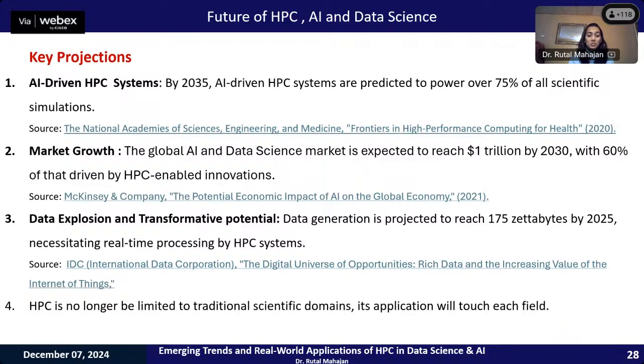So HPC is no longer limited to the scientific domains now. Its application will touch each and every field. So for that, we need to work on how we can converge HPC, AI, and data science in all possible manners, and how we can encourage the students to gain insights on that. That's it from my side.